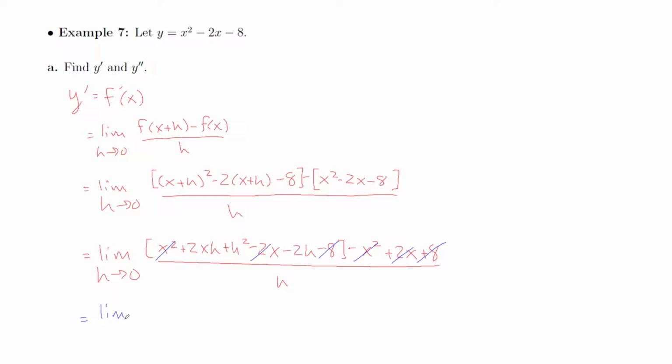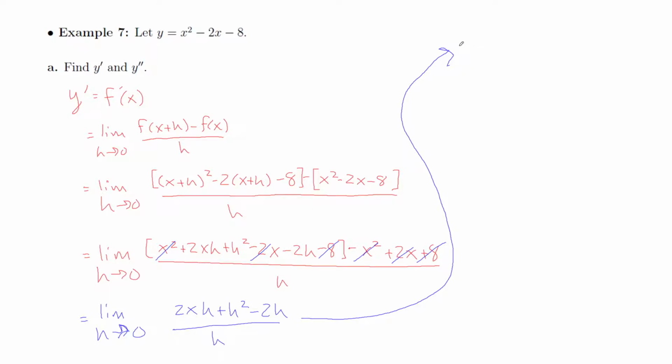So this is just the limit as h goes to 0 of what survived this whole thing: 2xh plus h squared minus 2h all over h. And I'm going to carefully put this way up here.